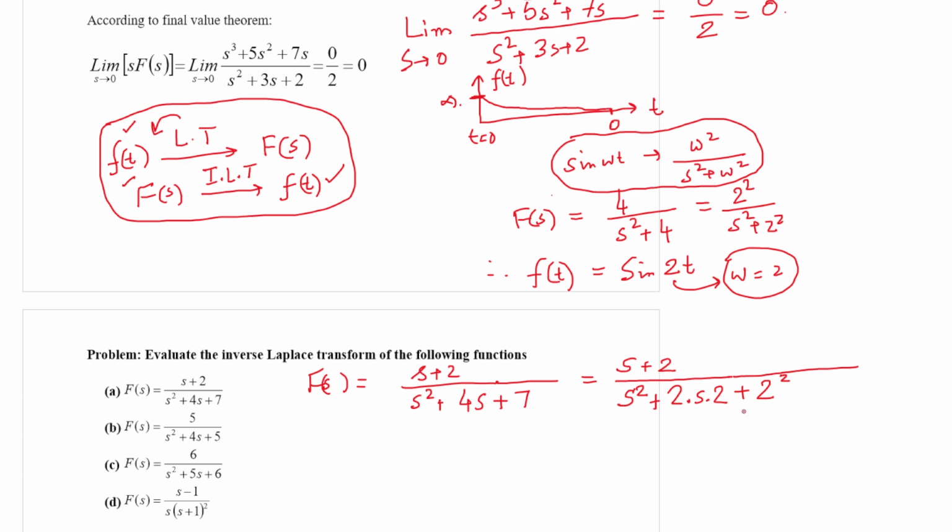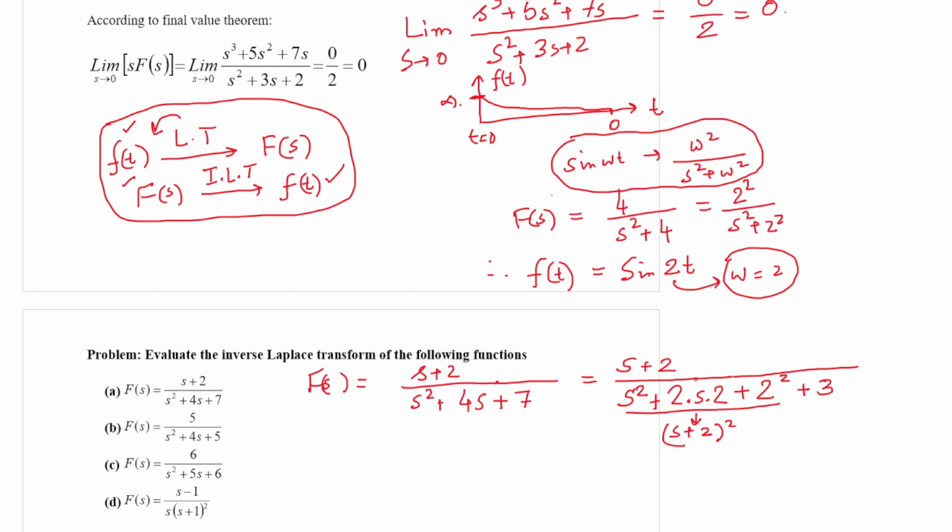Now you can understand that this is nothing but s plus 2 whole square, that is s square plus 4s plus 4. Now in the denominator, what is there? It is 7. So what is to be written additionally? It is plus 3.